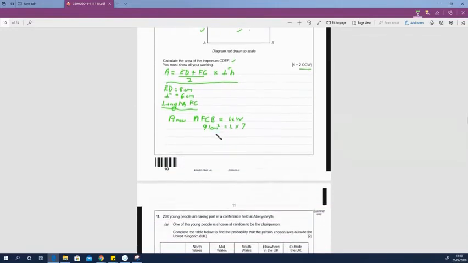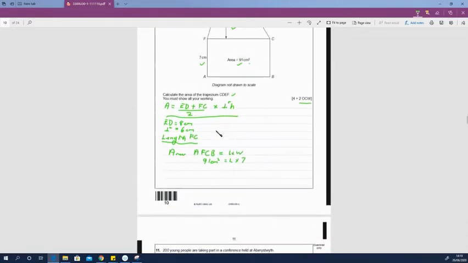So the length is actually the line FC. So I can rub that out and put the length of the line FC. Now we can work out FC by rearranging this equation. So 91 divided by 7 gives me the answer of 13. So I know the length of the line FC is 13.